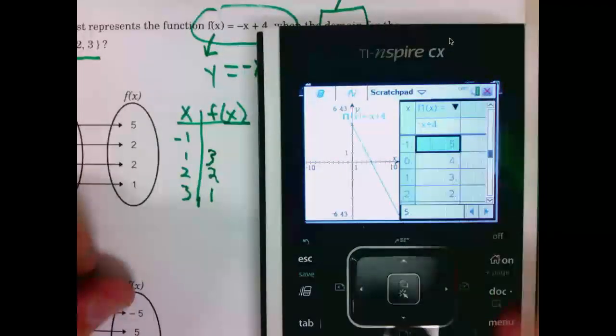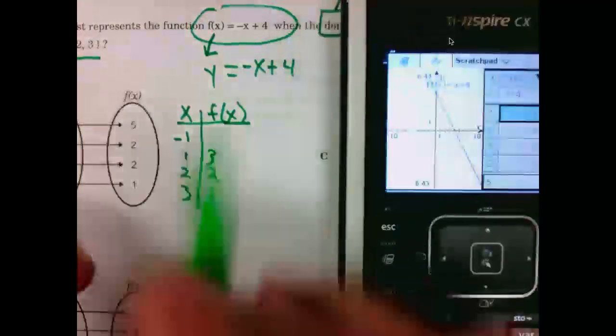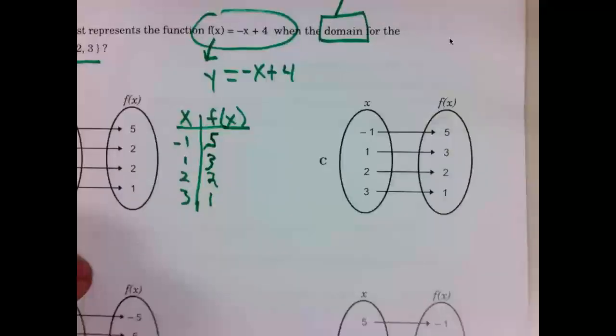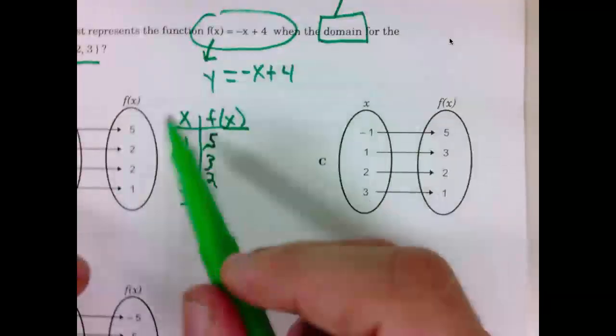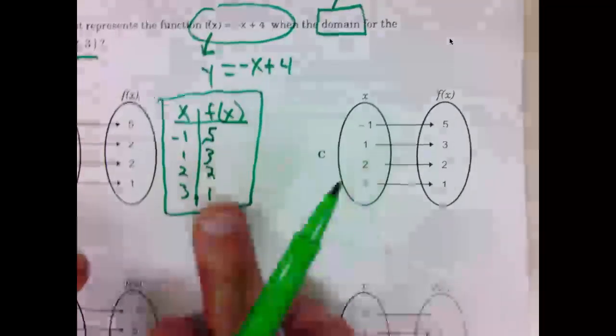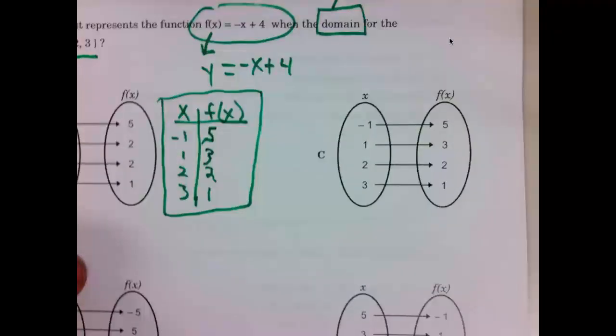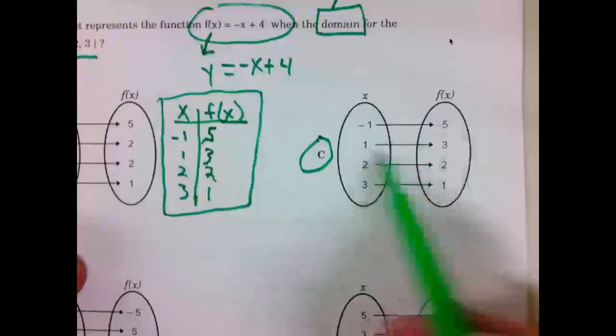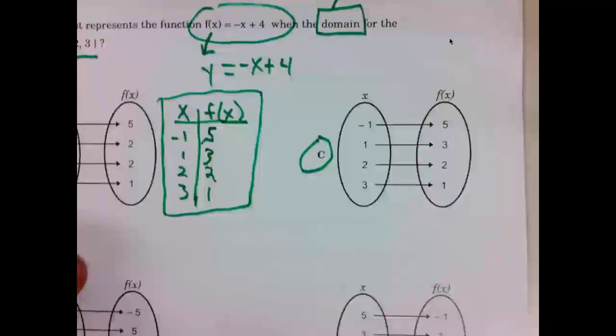Negative 1 pairs with 5. So we have used the calculator to find our table. Now we can easily see which mapping is an equivalent statement, and that is C. Negative 1 pairs with 5, 1 pairs with 3, and so forth.